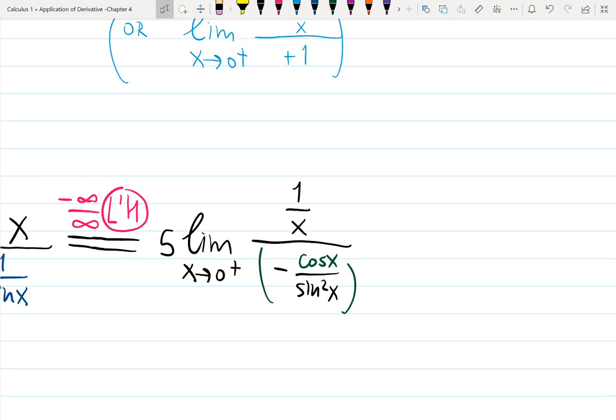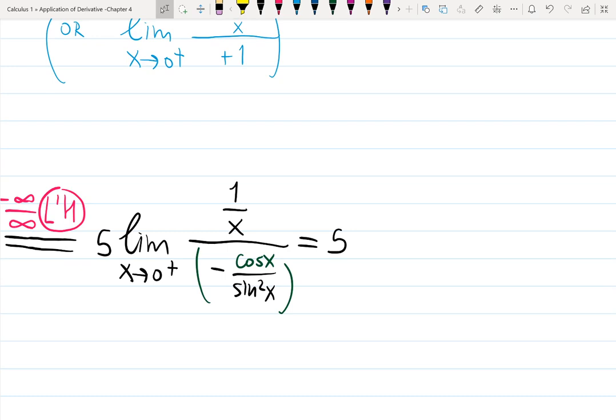And this limit seems to be not very obvious from the way it looks right now. So let's rewrite it and hope it will become better after rewriting it. It's going to be 5 limit as x approaches 0 plus. Let's multiply everything by the negative sine squared x.